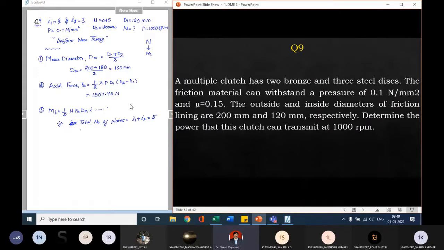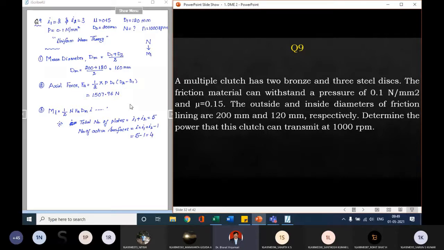The number of active surfaces will be always less than the total number of plates. i is equal to i1 plus i2 minus 1. This is the formula. So it is 5 minus 1, 4. The value of i is equal to 4.